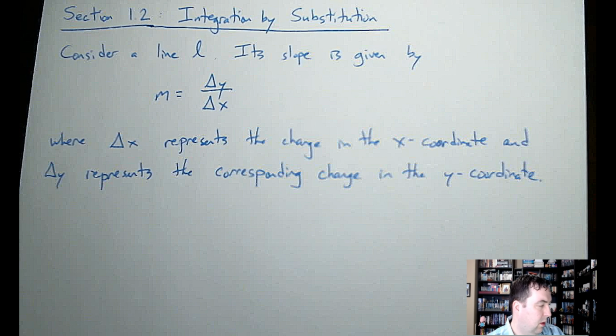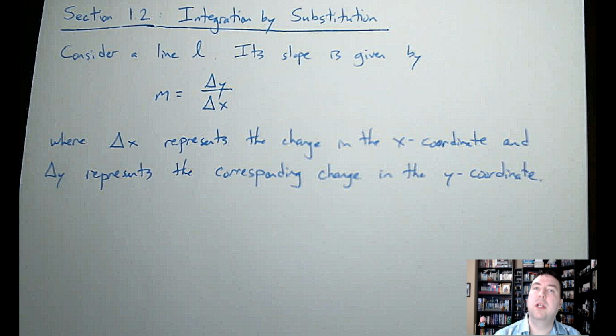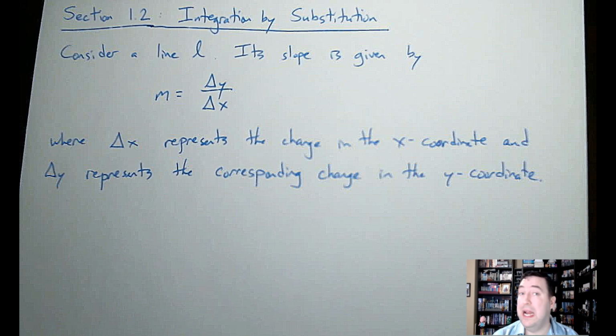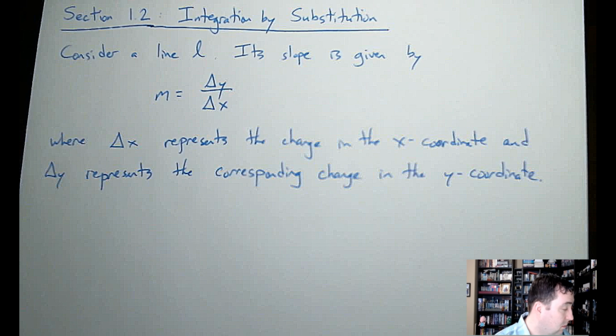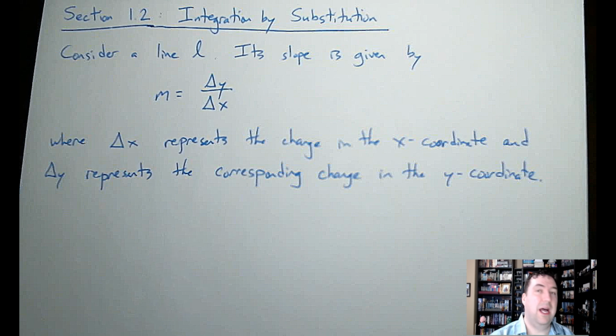Okay. Well, in Math 1000, we specifically looked at the case of the tangent line. So this formula applies to any line at all, but in the case of a tangent line, we've got a little bit more information about the slope.